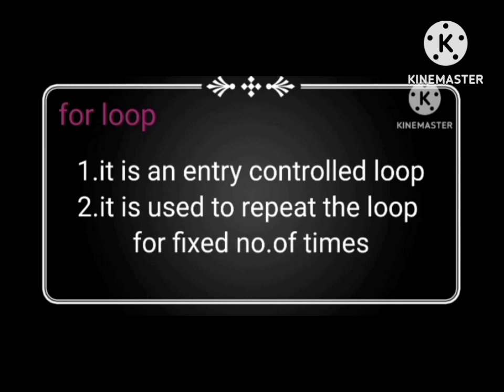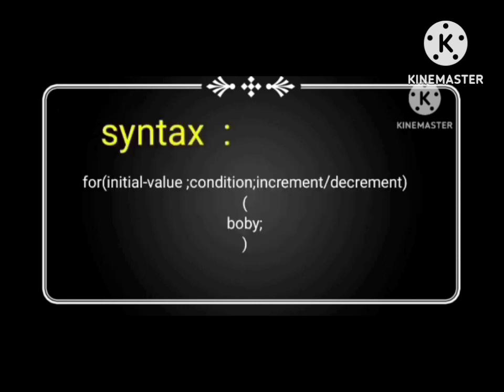The initial value specifies the starting value, the condition specifies the number of times the loop is to be repeated, and the increment or decrement gives the next iteration value. Syntax: for, in the bracket initial value semicolon condition semicolon increment or decrement, open flower bracket, body, closed bracket.